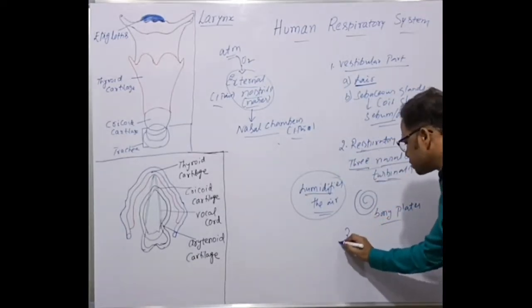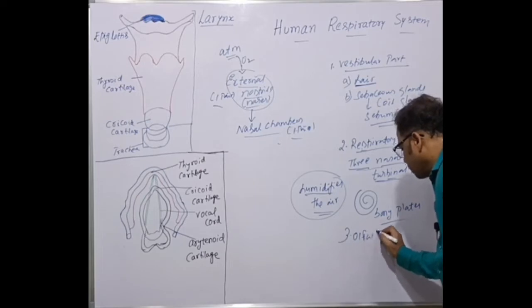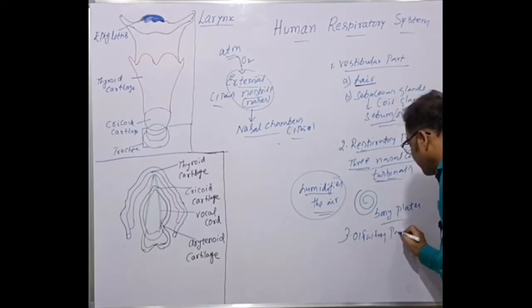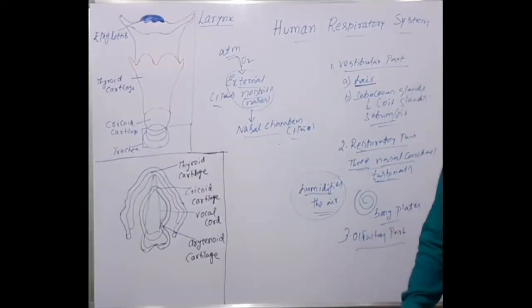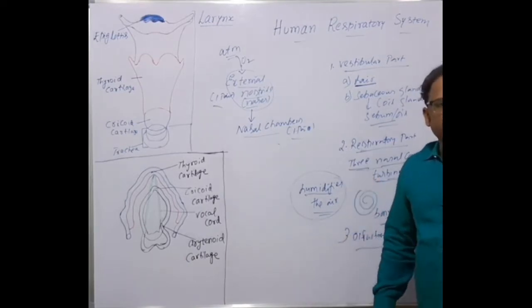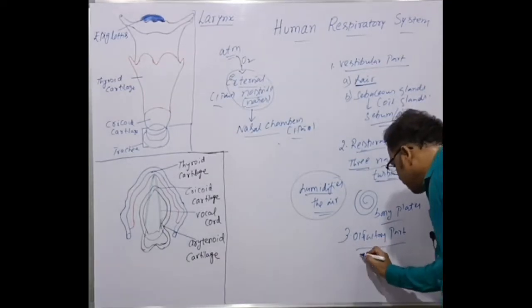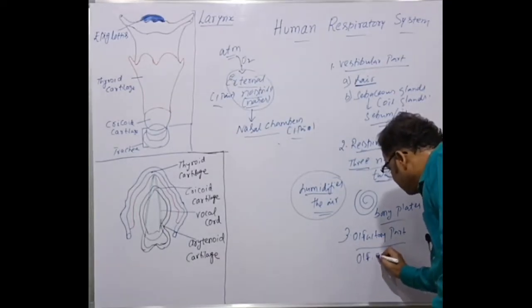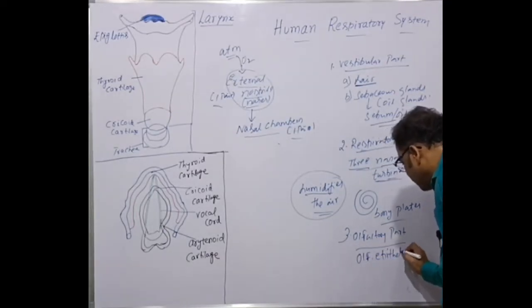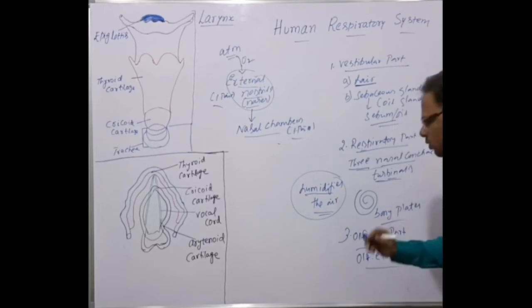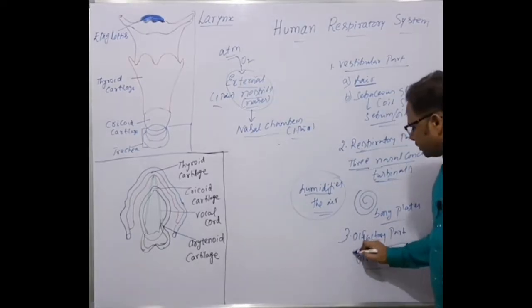And the third one is called the olfactory part. Olfaction means related to smell, the study of smell, olfactology. The olfactory part constitutes the olfactory epithelium, an epithelial tissue, which is concerned with the smell sensation.